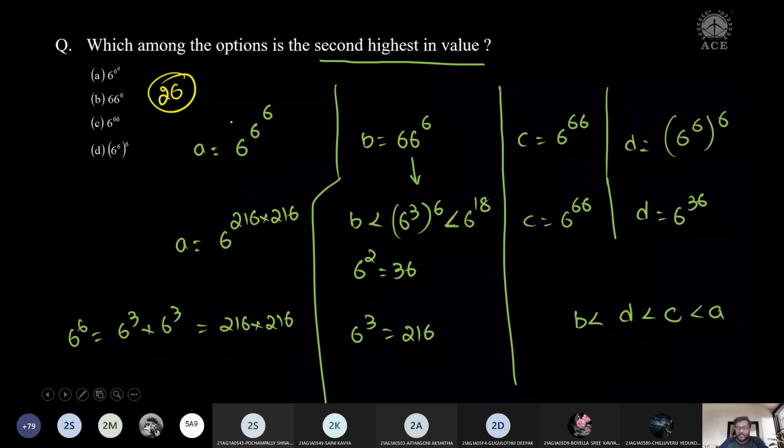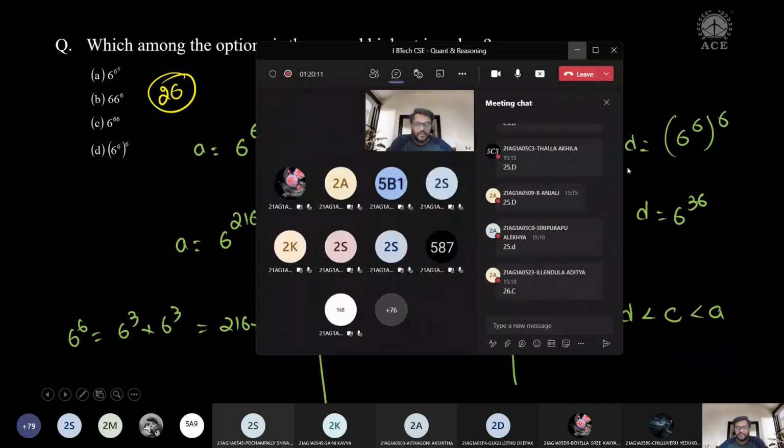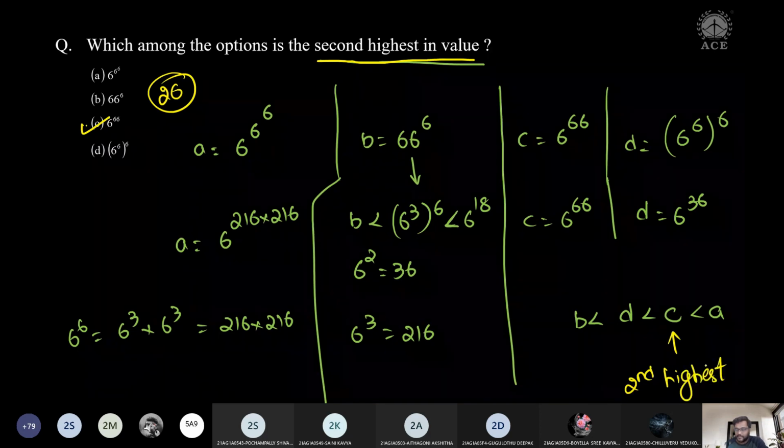Now this is 26. Option C, right. Okay. See, this is second highest, not the highest. Second highest is C. Fine.